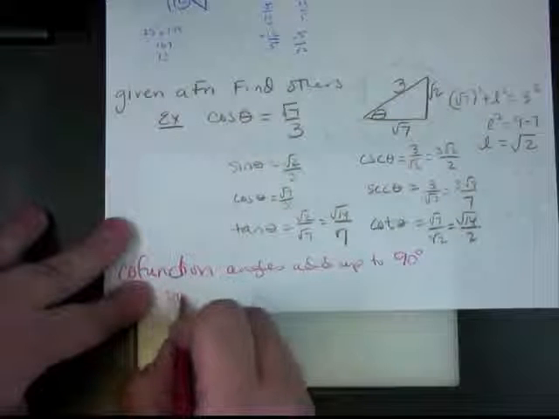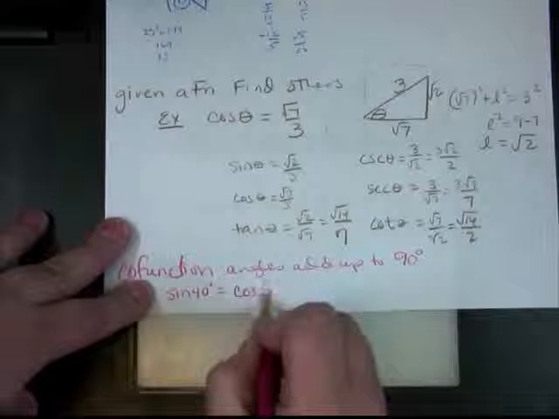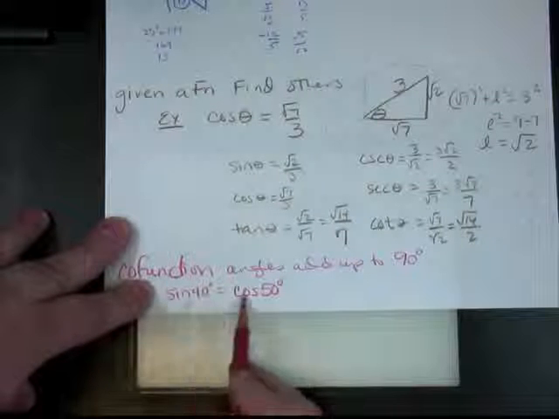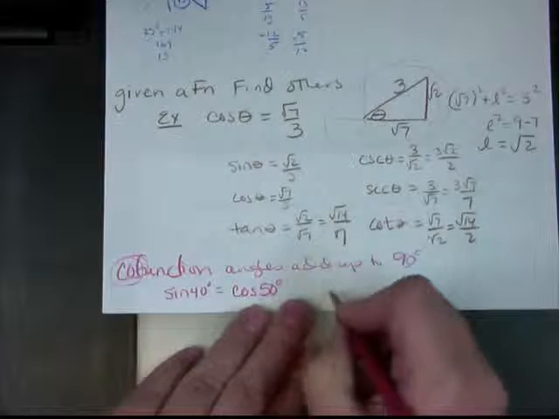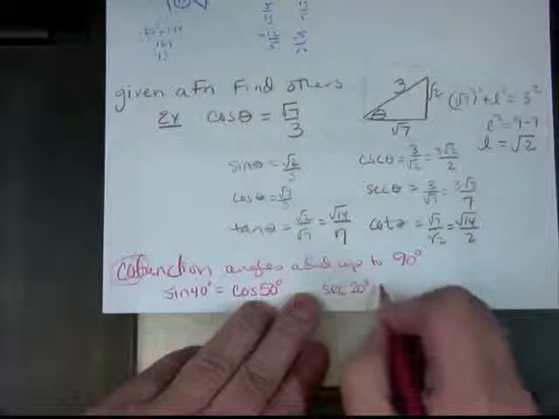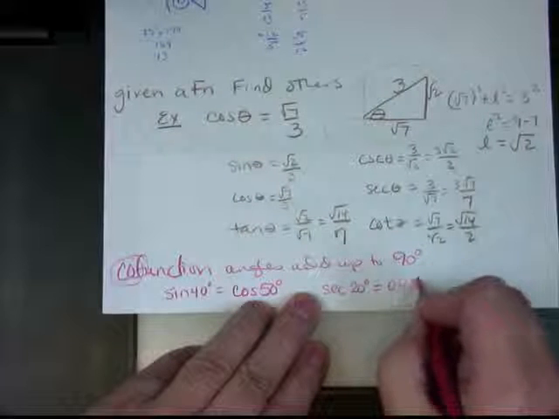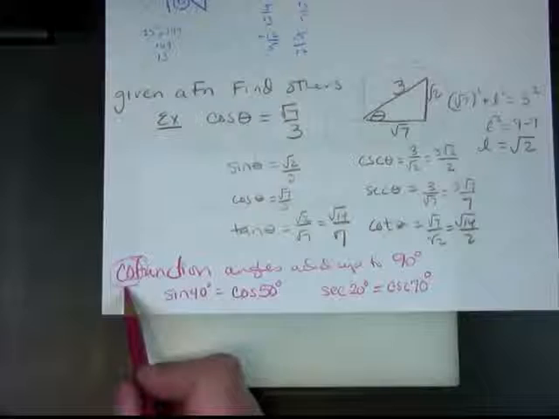For example, the sine of 40 degrees is the cosine of 50 degrees. Sine and cosine are cofunctions. Secant of 20 degrees is cosecant of 70 degrees. Secant and cosecant are cofunctions.